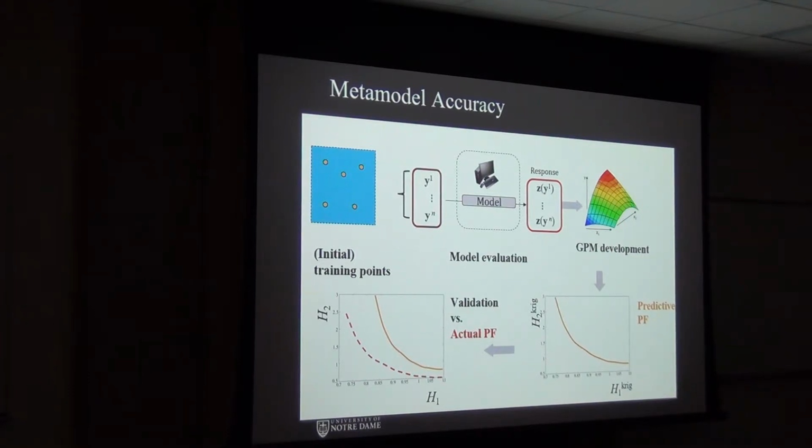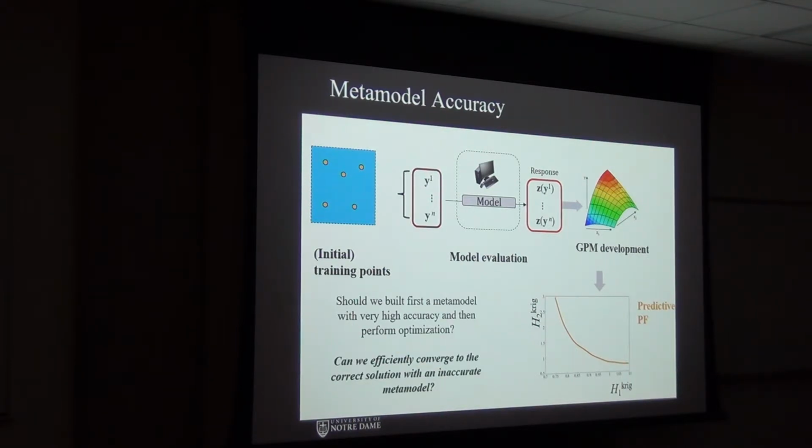So you might be tempted to say, we're going to get a globally accurate meta model, let's say one that has a 97% coefficient of determination, correlation coefficient. Since we know that it's very accurate, we're going to use that and perform the optimization, and then pretty much we'll guarantee that these gaps are going to be close to one another. But is this a really computationally efficient approach?